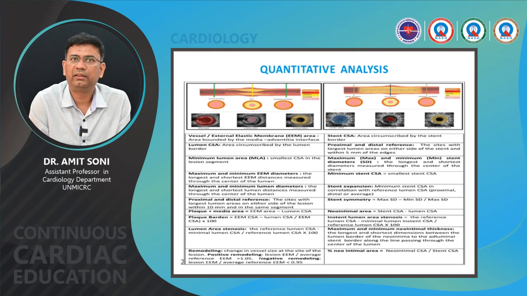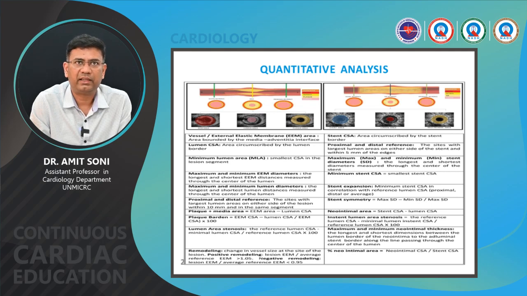Pre-PCI and post-PCI are two situations. During pre-PCI, vessel external elastic membrane area is bounded by the media-adventitia interface. Second is lumen CSA, the cross-sectional area circumscribed by the lumen border.